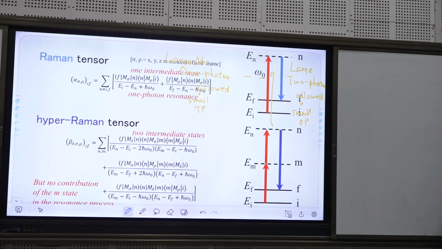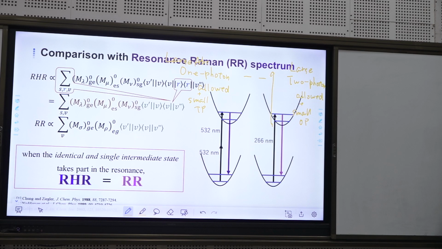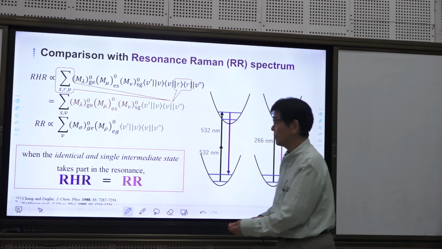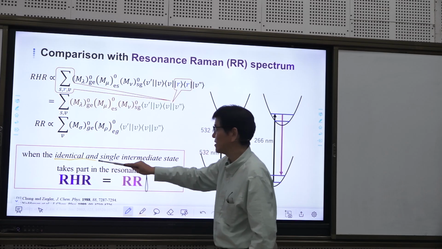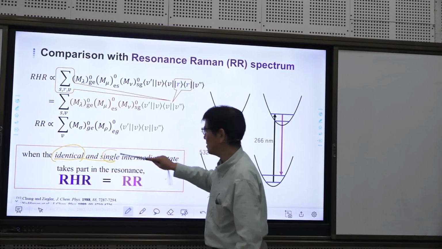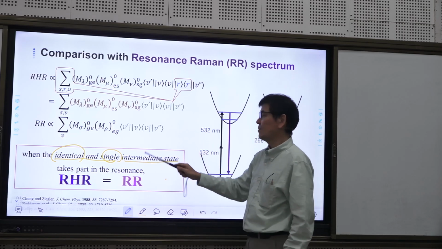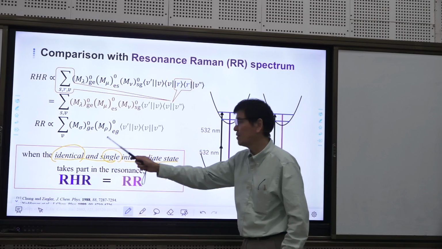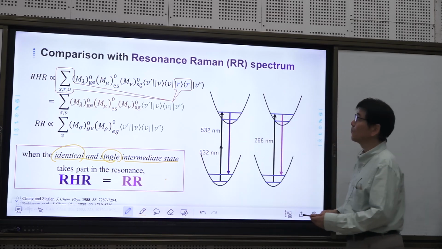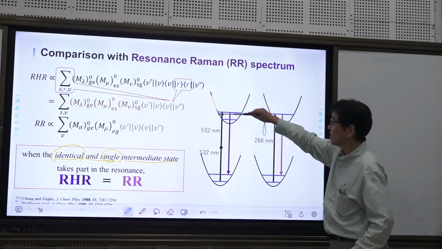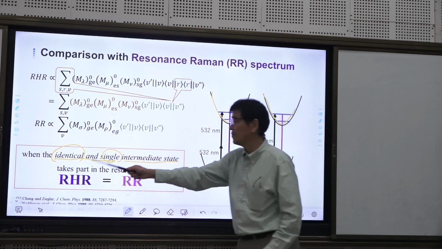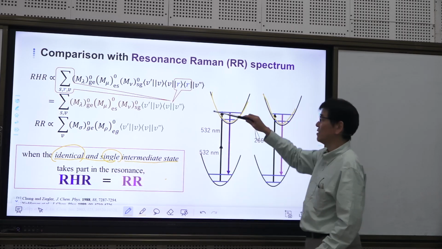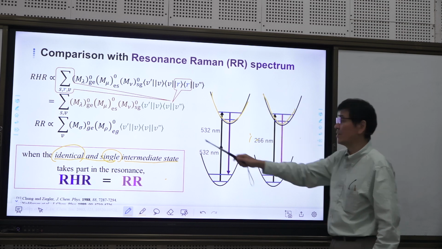Okay, please recall, let's get back to globular protein. I explained when an identical and single intermediate state is in charge of the resonance, then they are identical. If there is only one electronic state, and one photon allowed and two photon allowed are the same and only one intermediate state is present, then they become identical.